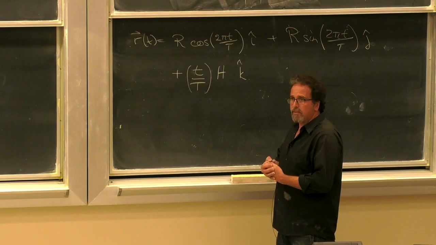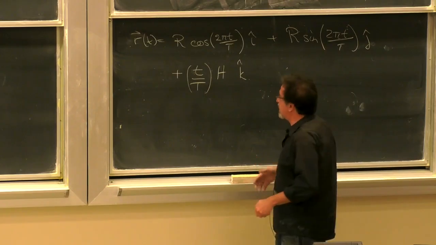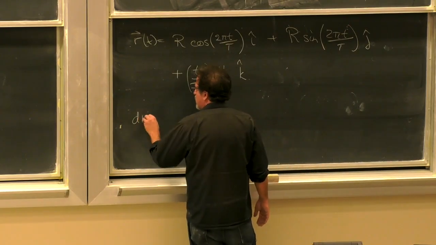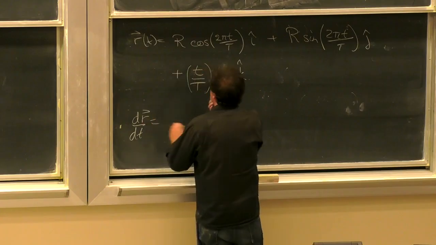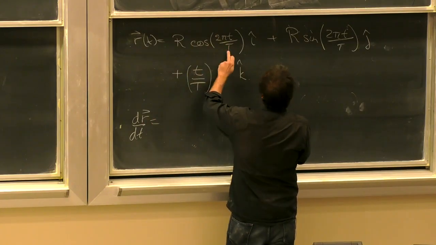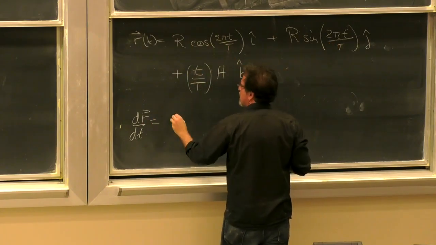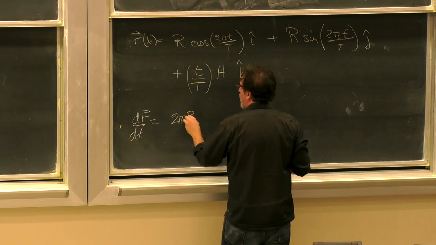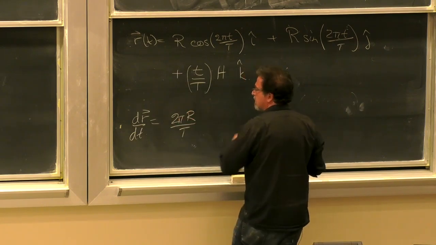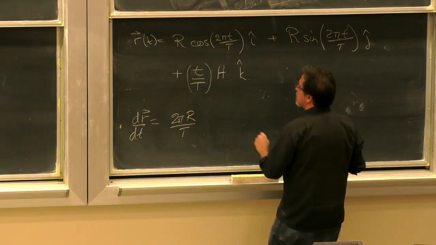Now, what do we know about curves in general? I can take the time derivative of this, dr/dt. And that's easy. I get a 2 pi over capital T out front of each of these. And so that's going to be 2 pi r over capital T. Recognize that 2 pi r is the circumference.